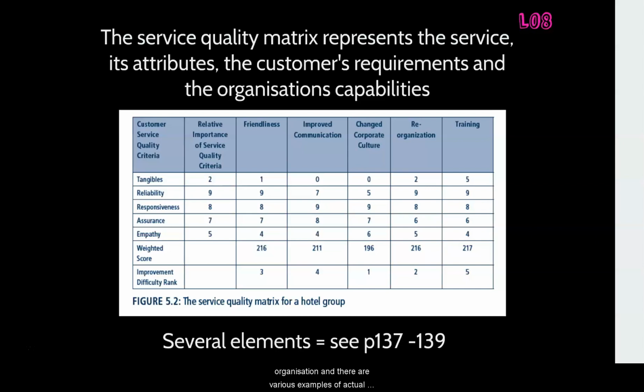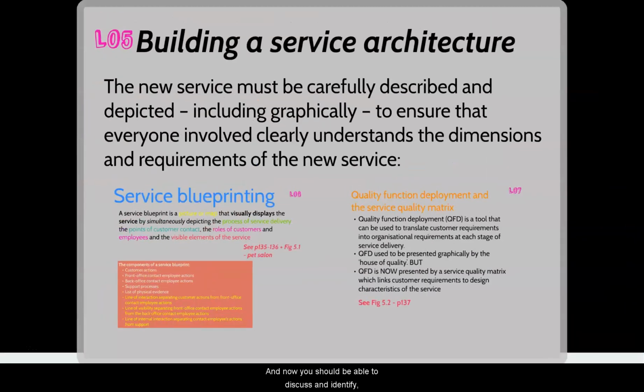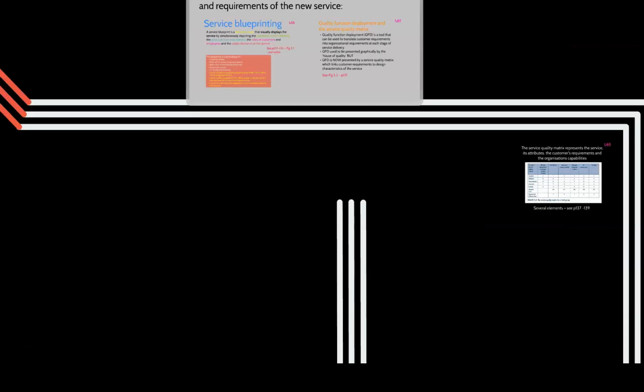And there are various examples of actual companies that implemented this method for their service organization. And now you should be able to discuss and identify, for example, service blueprinting and QFD, and be able to draw up especially a blueprint, because that will be the main focus of the service architecture side for this module.